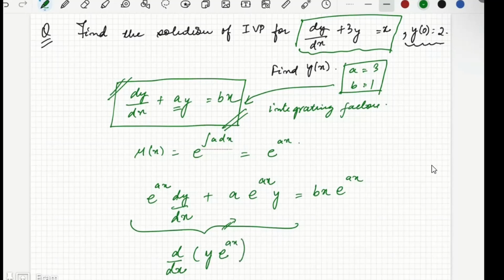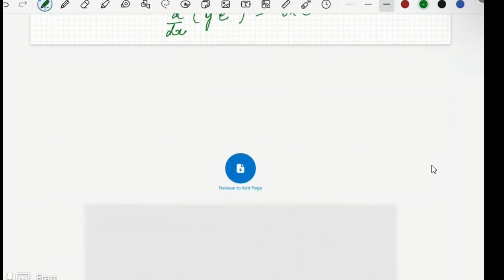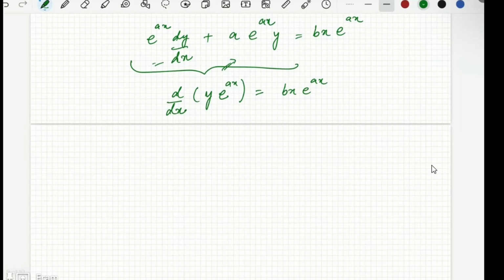When we find its derivative, it clearly gives us this term, and this is equal to bx e to the power ax. Now we can write this as the integration of bx e to the power ax.